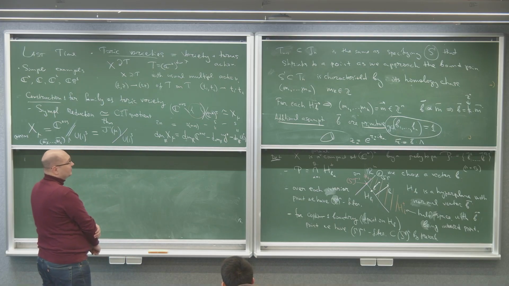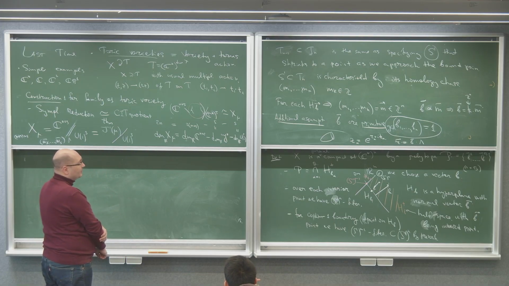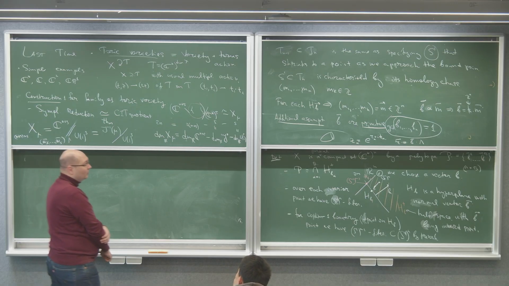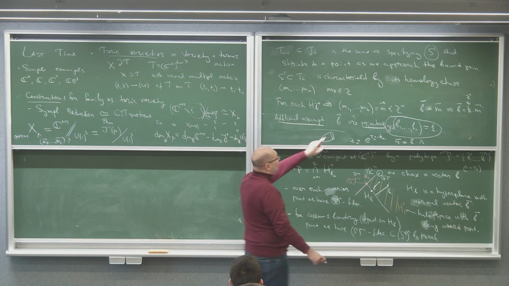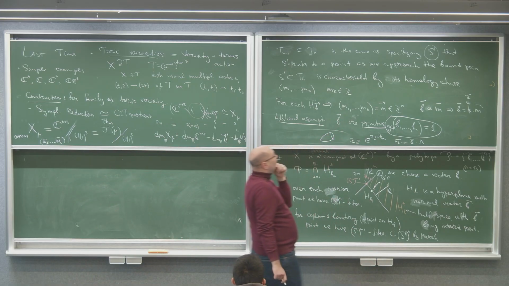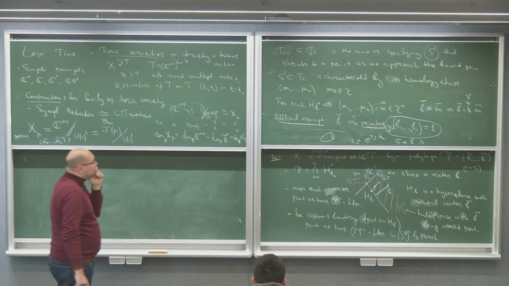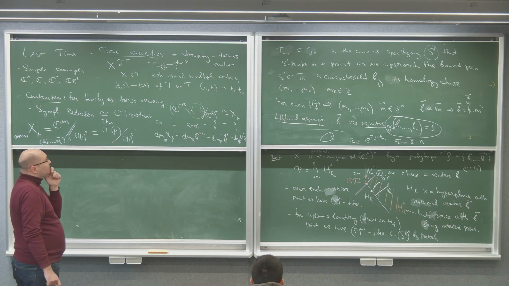So S1 should act trivially, so that it should be a fixed point. We can treat these M's as the weights of an S1 action inside of a torus, and we want this S1 action to be trivial.